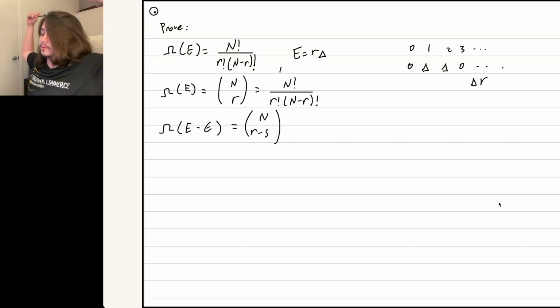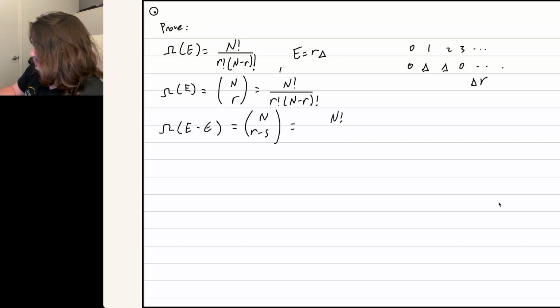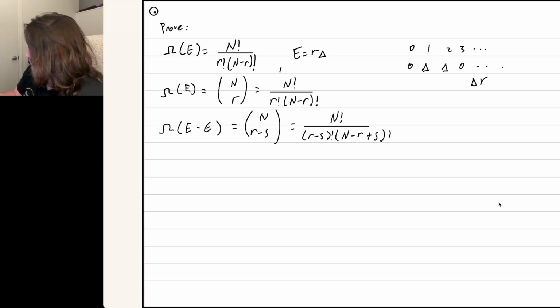We're removing an amount of energy from the system equal to delta s. So it makes sense to just do n choose r minus s. And so it's n factorial over r minus s factorial times n minus r plus s factorial. All right.